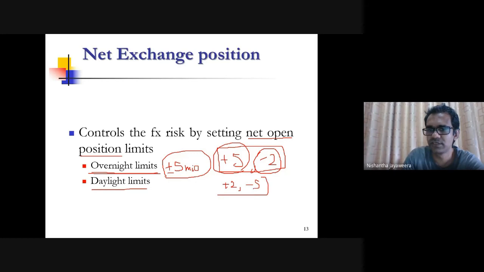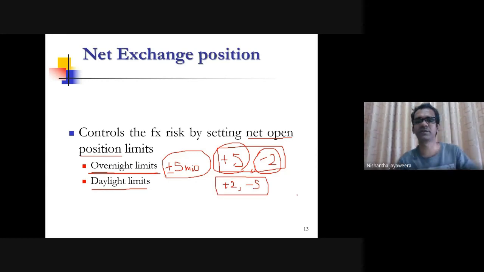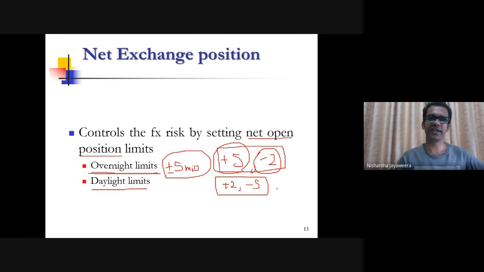So all those things depend on the bank's view on the market, the traders' view, and the risk appetite. What is the loss that you can absorb? So depending on that, the bank will impose overnight limits on the trading desk, or for the bank as a whole.